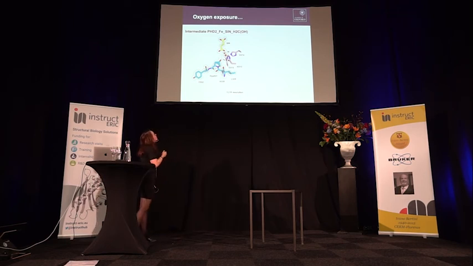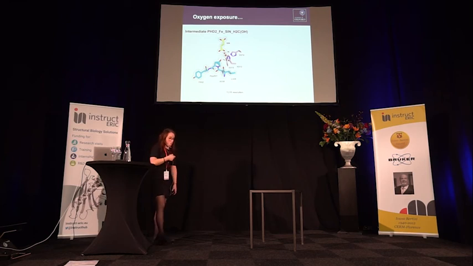Here you can see the 2OG is being turned over to succinate, and the proline residue is being hydroxylated. Interestingly, we can see two conformations of this residue, and we can also see an extra density on the iron that we are not able to characterize at this stage of the research.